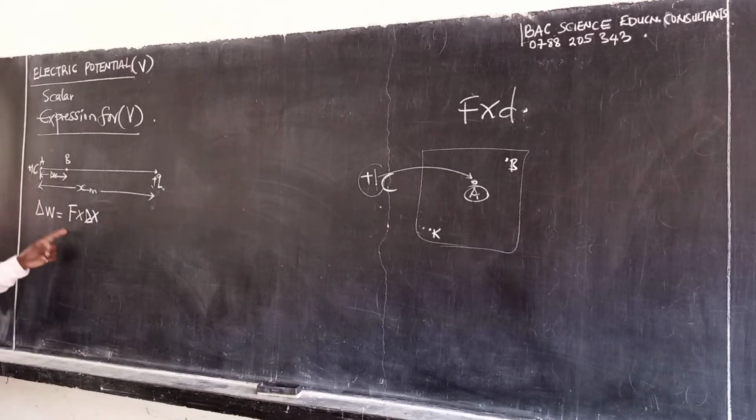But this work is done against the electric field, so it is given a negative sign. Therefore, the small work done is equivalent to negative F delta x.